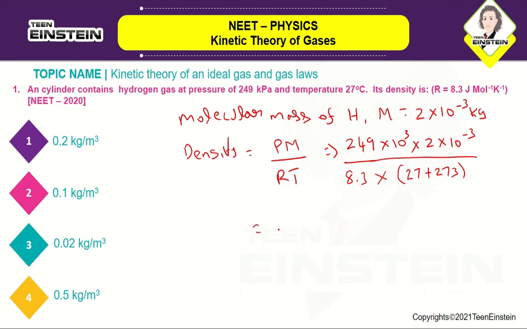If you solve this, you will get the answer in the range of 0.2 kilogram per meter cube. So the correct answer is option number 1.